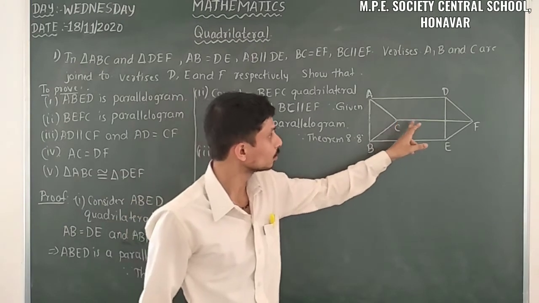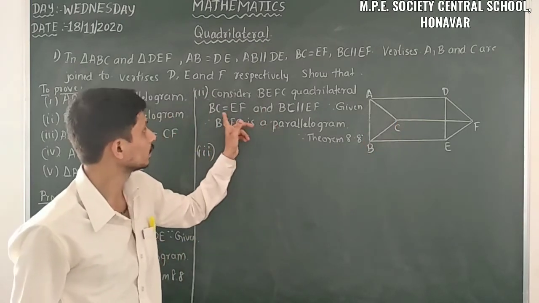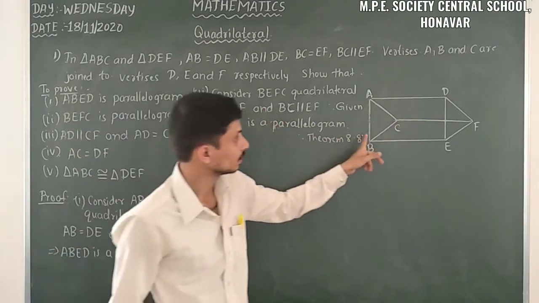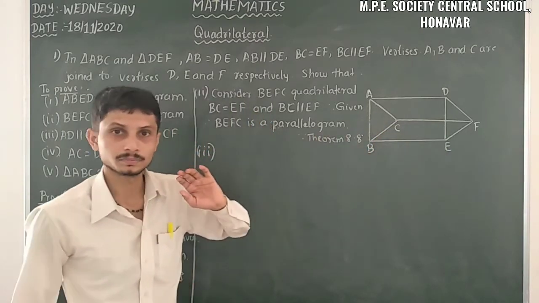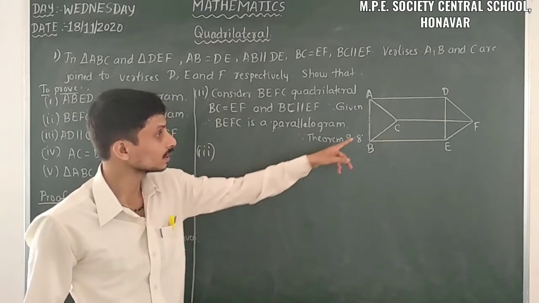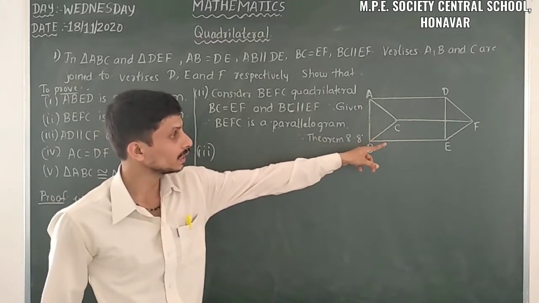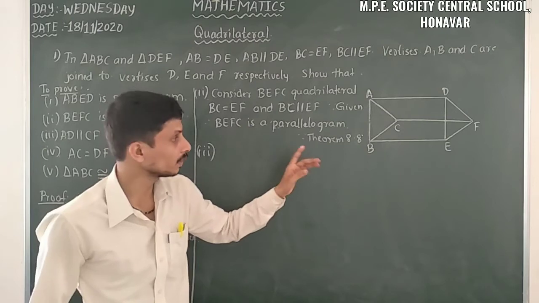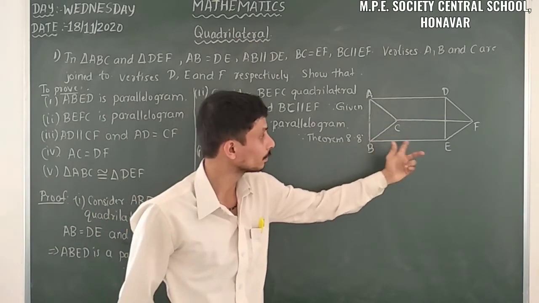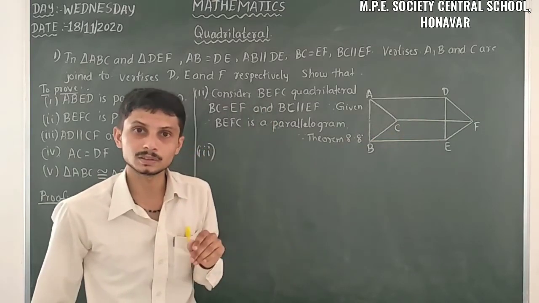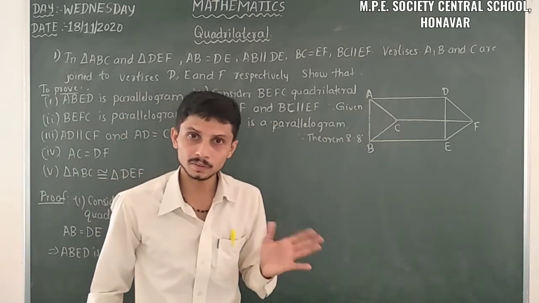Also BE is equal to CF, since BEFC is a parallelogram, so BC is equal to EF, and also BE is equal to CF.